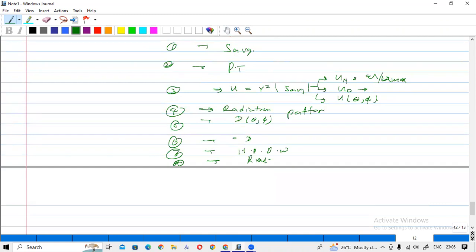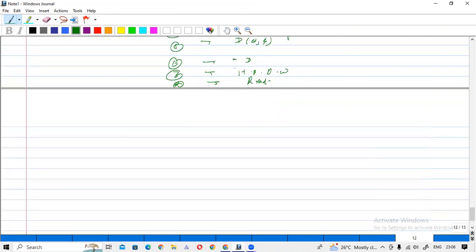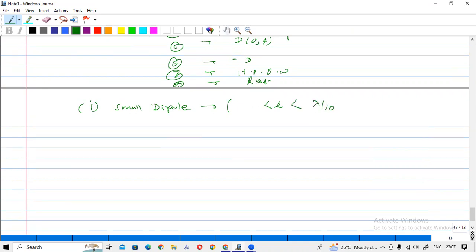So if I ask you to find these parameters for a small dipole, a small dipole means the dipole length should be less than lambda by 10 and greater than lambda by 15.